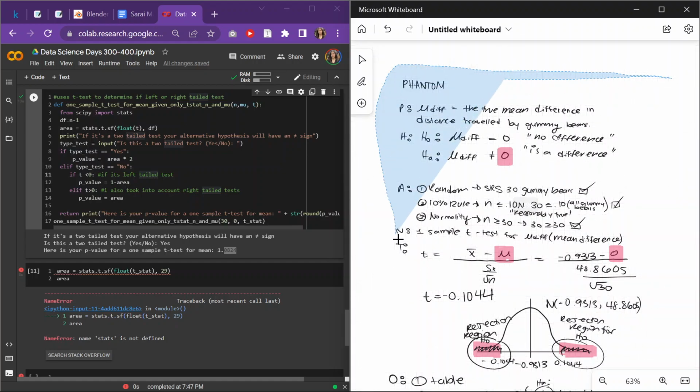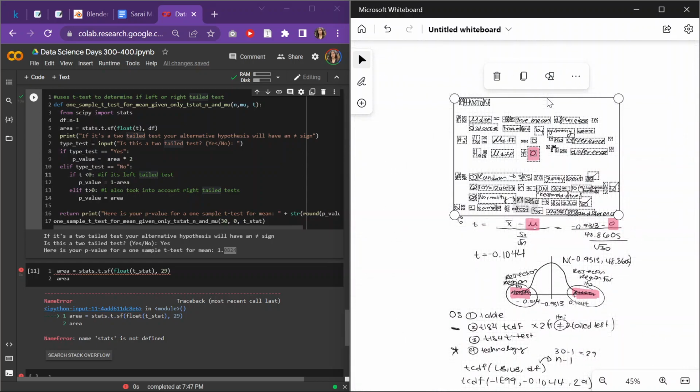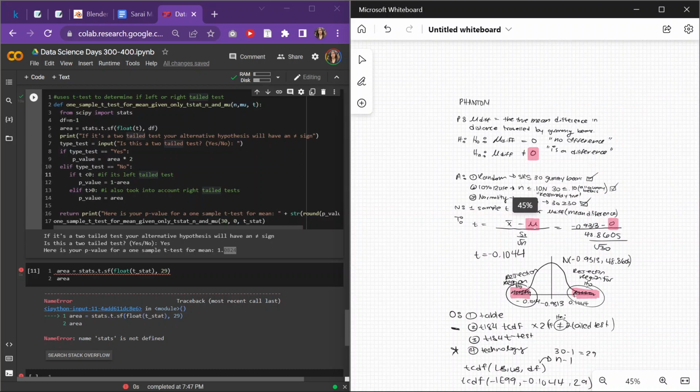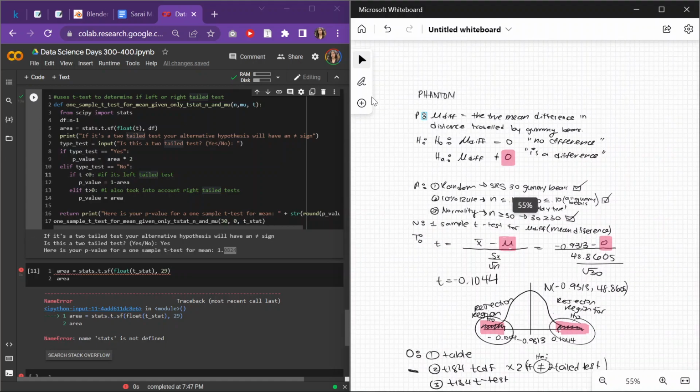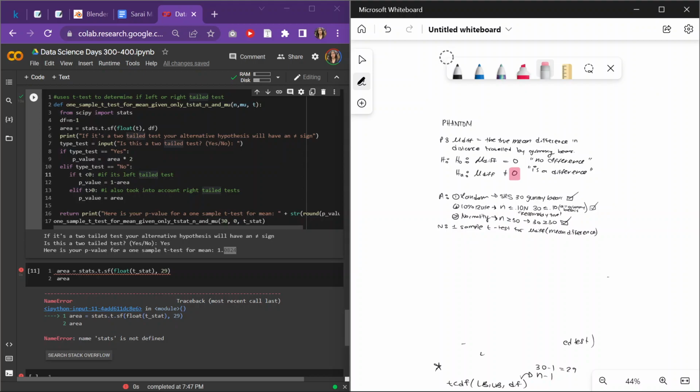Are you kidding me right now? Why does it do this? It's not moving. You know what? It's okay. It's not like I need this stuff over here. Let me just erase it. And I'll just write it from the beginning.